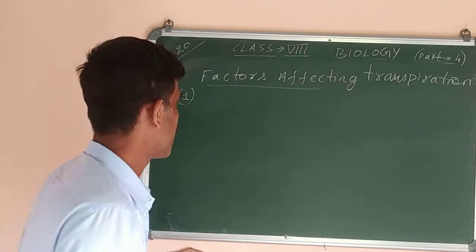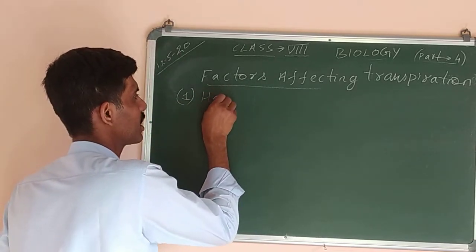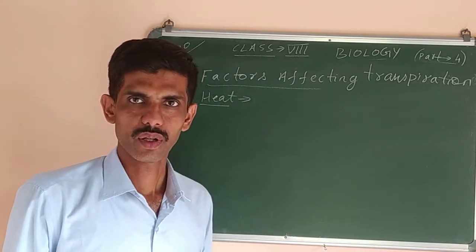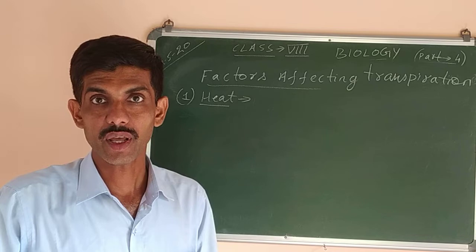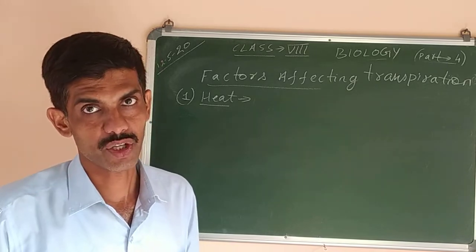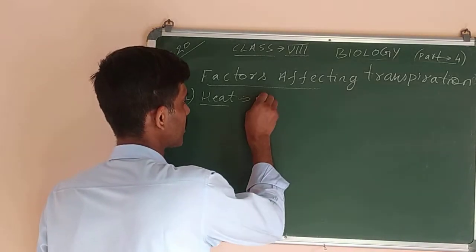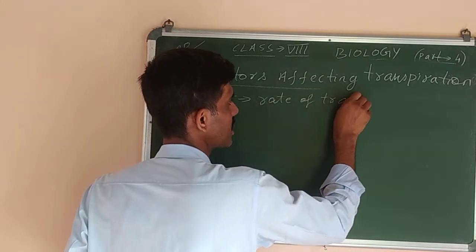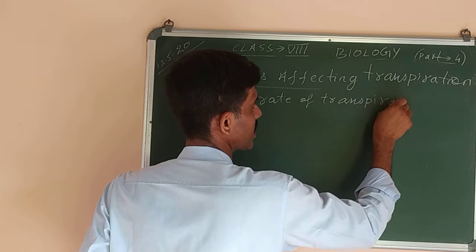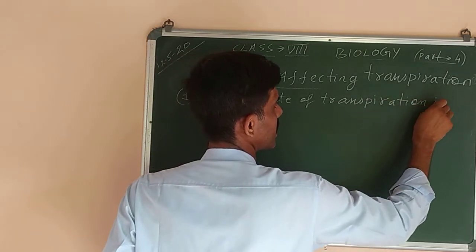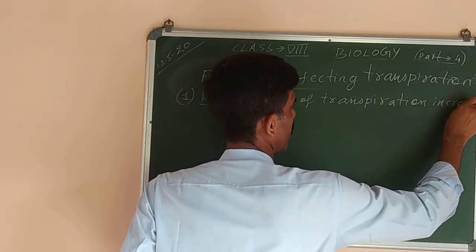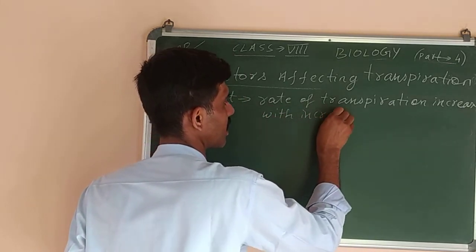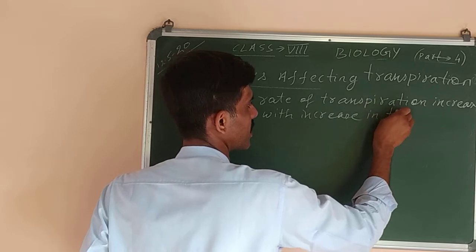Okay, the first one is heat or temperature, you can write. How can temperature affect the rate of transpiration? When the temperature is high, the rate of transpiration also increases. The rate, meaning the speed of transpiration, increases with increase in temperature.